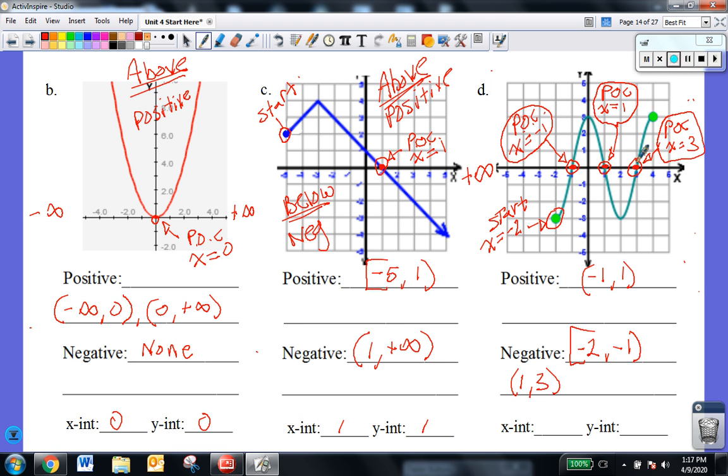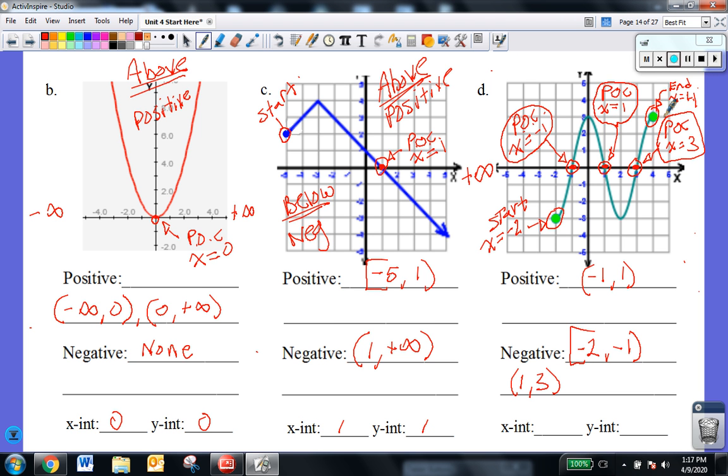Then it goes up into the positive section again, from 3 all the way to the end. And the end looks like it has a full dot, at an x value of x is equal to 4.